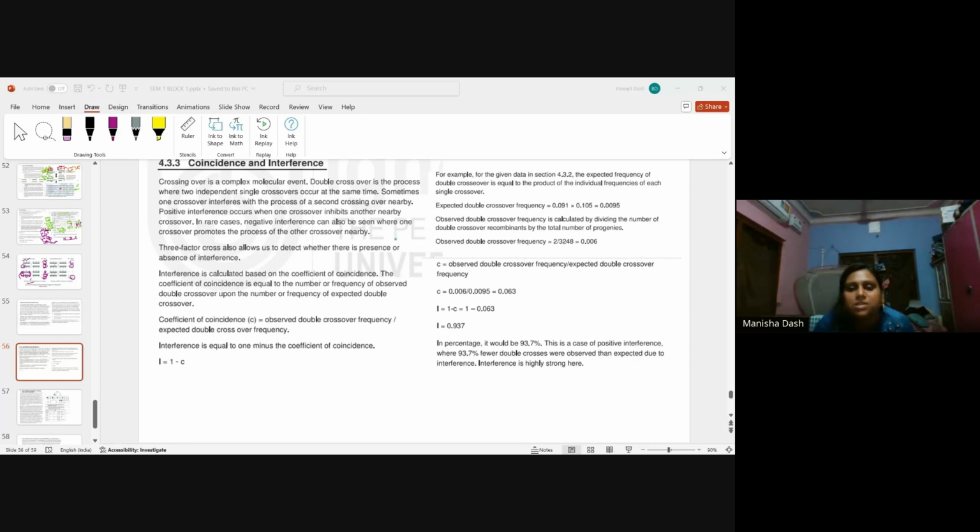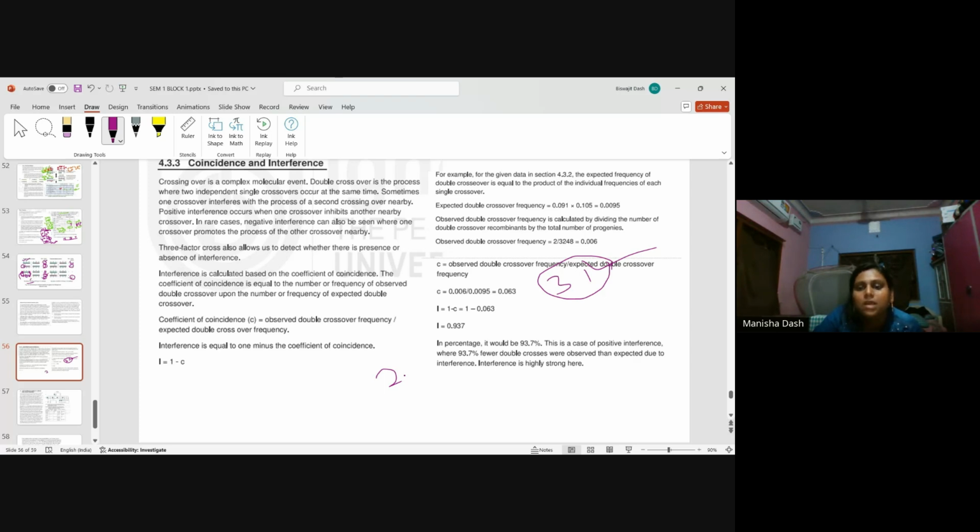So both the recombination frequencies are 0.0091 into 0.105. This value multiplied by 3248. Actually, the number will come somehow 31. Okay. So you should be expecting 31 double crossovers, but actually you are observing only 2.